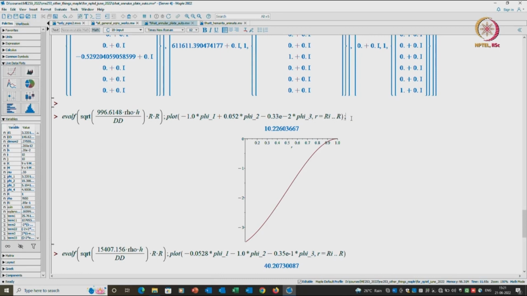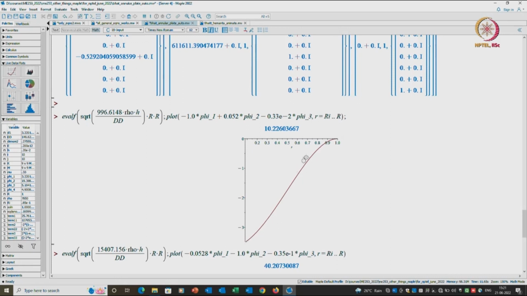So if I run it, you can see that I get 10.22 as a non-dimensional frequency, and the hole is below this. So small hole. So the plate begins over here, the annular plate begins over here, and it ends at the outer edge.